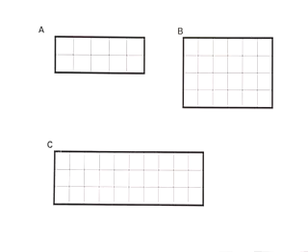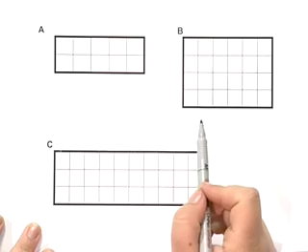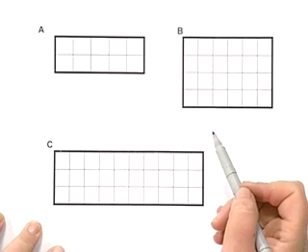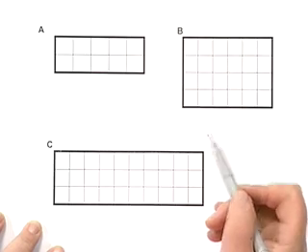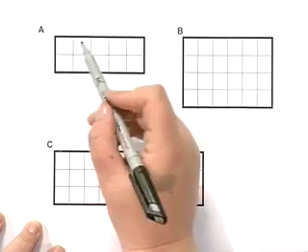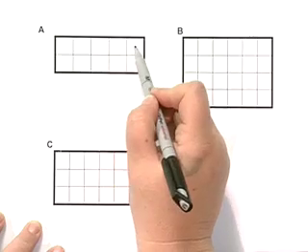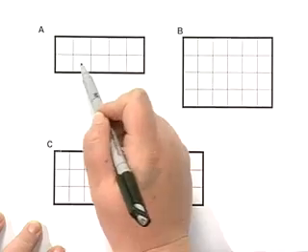Now, in the same way, we can use tiles or grid paper to determine the area of some polygons. Let's have a look. Here we have 3 polygons. Let's count how many tiles we use to cover each one, and then we'll know the area. Let's start with this one. 1, 2, 3, 4, 5, 6, 7, 8, 9, 10.